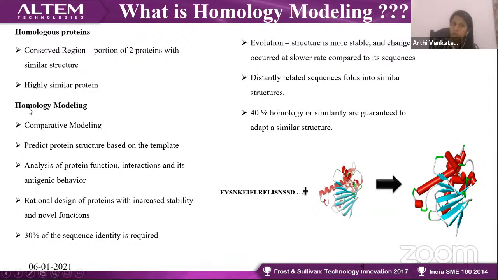And what happens in homology modeling is comparative modeling. In comparative modeling, you have two similar sequences, and you will be comparing the two similar sequences. After that, you will be predicting the protein structure, which is based on the template.